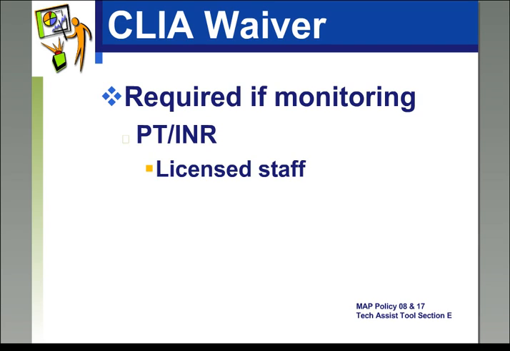If an individual is capable of self-testing, which means performing the test, keeping control of the equipment, reporting results, receiving the dosing instructions from the HCP, and so on, it can be done by the individual. If an individual requires any support in the process, it is not self-testing. MAP-certified staff cannot assist, however, licensed staff can.